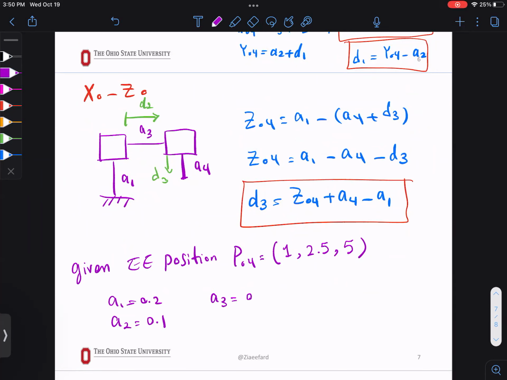X. 0.3, and A4 is 3.2. Find joint variables.